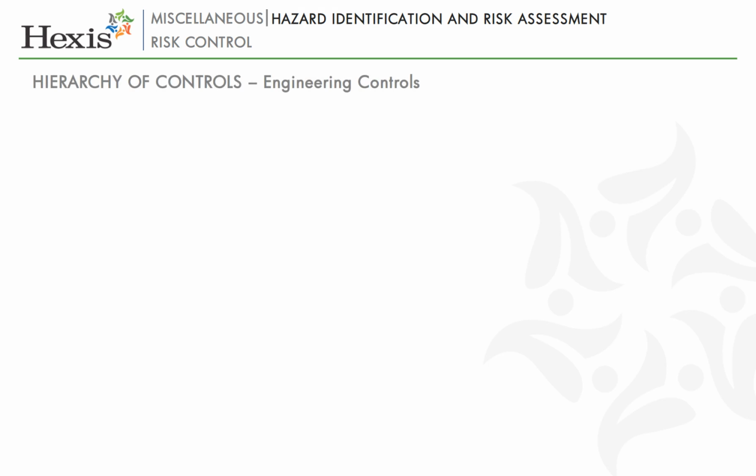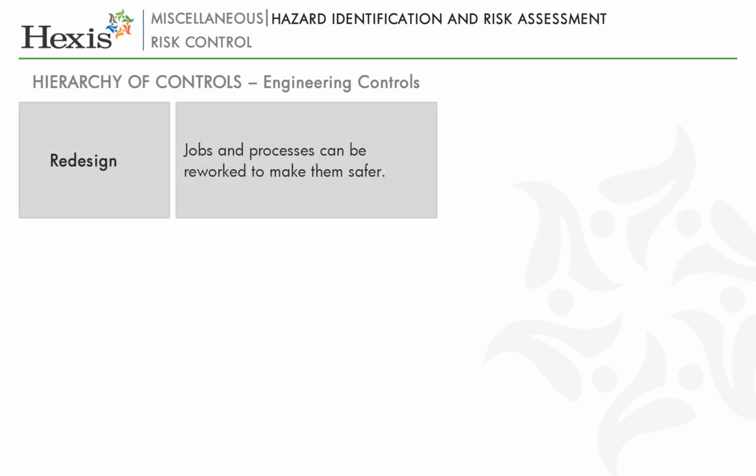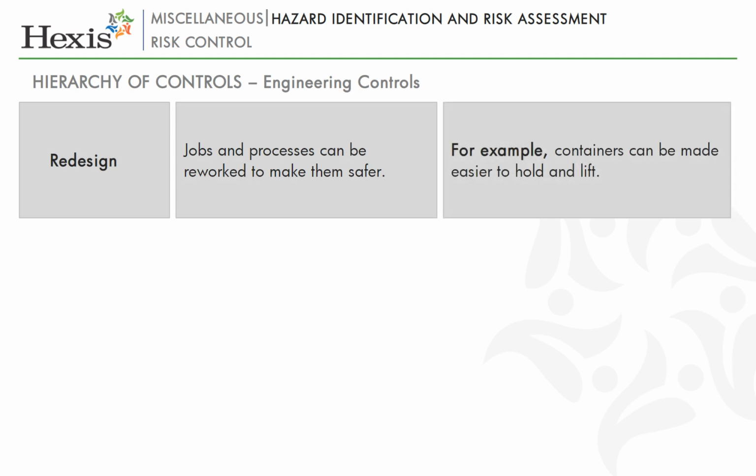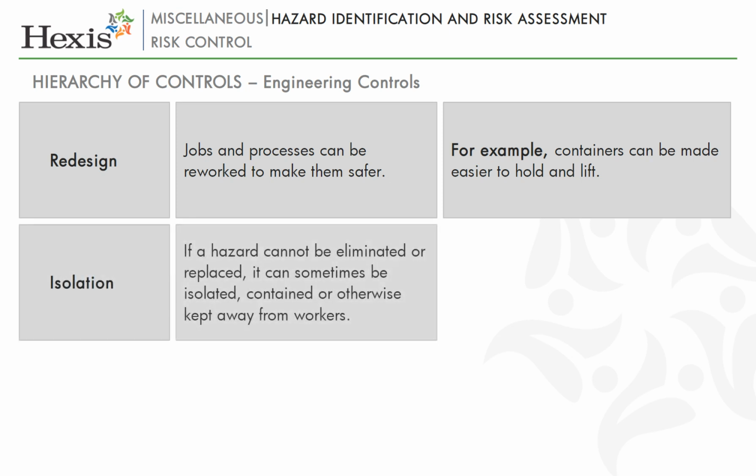Let's now learn about engineering controls. Redesign. Jobs and processes can be reworked to make them safer. For example, containers can be made easier to hold and lift. Isolation. If a hazard cannot be eliminated or replaced, it can sometimes be isolated, contained, or otherwise kept away from workers.